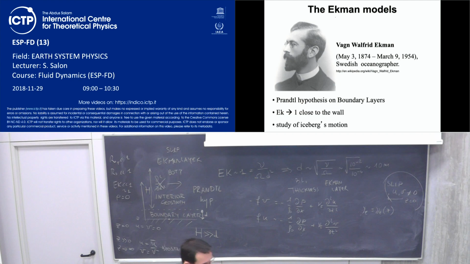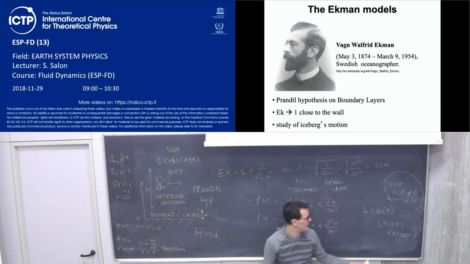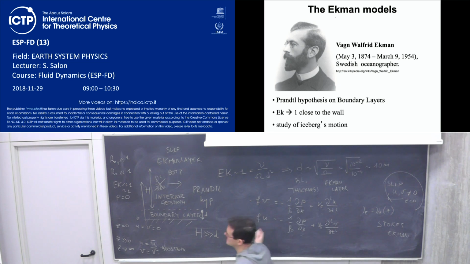I also wrote a paper on the Stokes-Ekman layer, where we took into account an oscillating flow, like a tidal flow, with a pressure gradient which is changing in time, which is rotating. So the Stokes-Ekman layer is the oscillating boundary layer plus the Ekman layer. We made some hypotheses and so on.